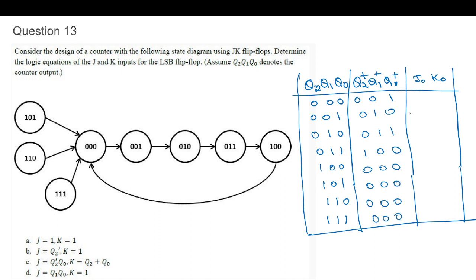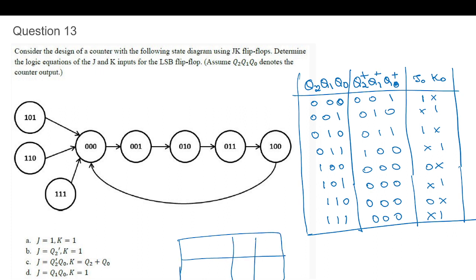Now JK. What will be the value for J0, K0, the last row? So 0, 1, 1x, x1, 1x, x1, 0x, x1, 0x, x1. So now simplify using the K-map, Q2, Q1.